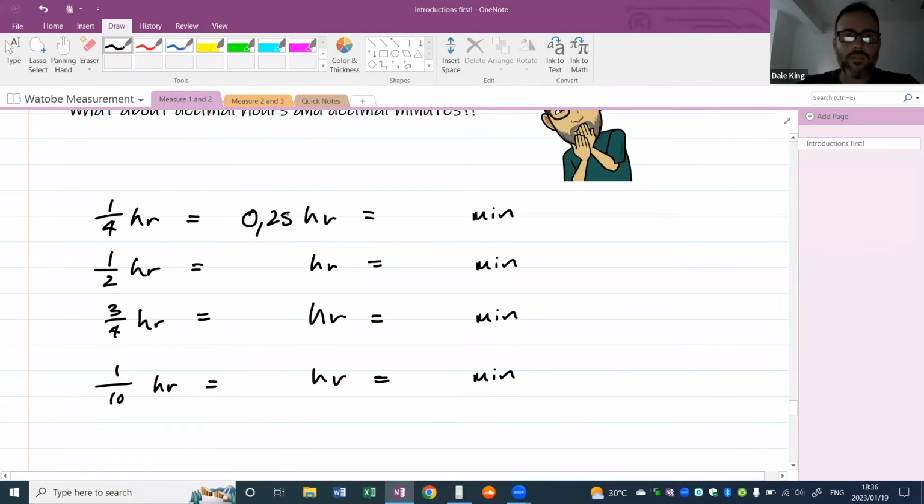All right. Now, what is that expressed as minutes? If you don't look at the decimal, go back to the quarter, because I'm sure you guys can express a quarter of an hour in minutes. So what is a quarter of an hour expressed as minutes?